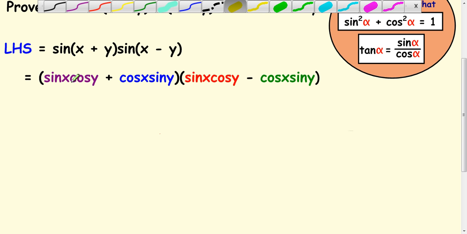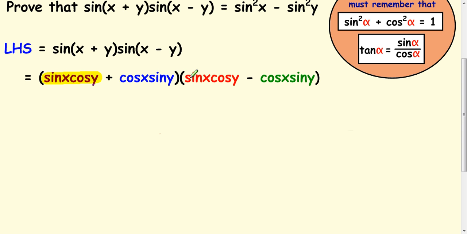Now the next part, we have to basically multiply these double brackets out. So you're really multiplying this by this first of all, and that's going to give sine squared x plus cos squared y. Sine x times sine x is a square, and cos y times cos y is a square.